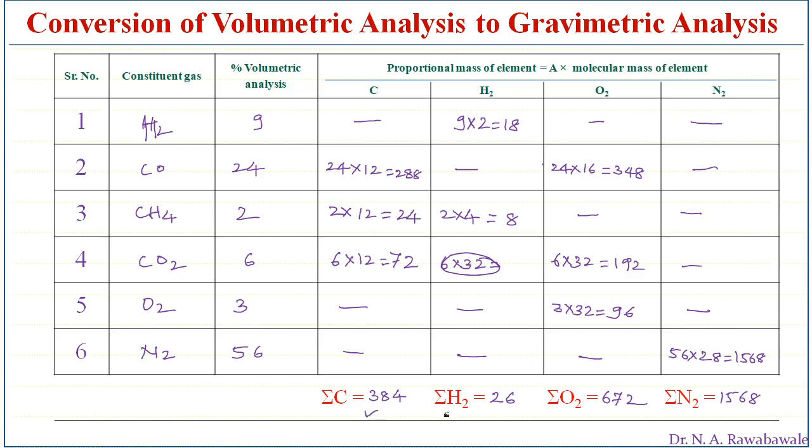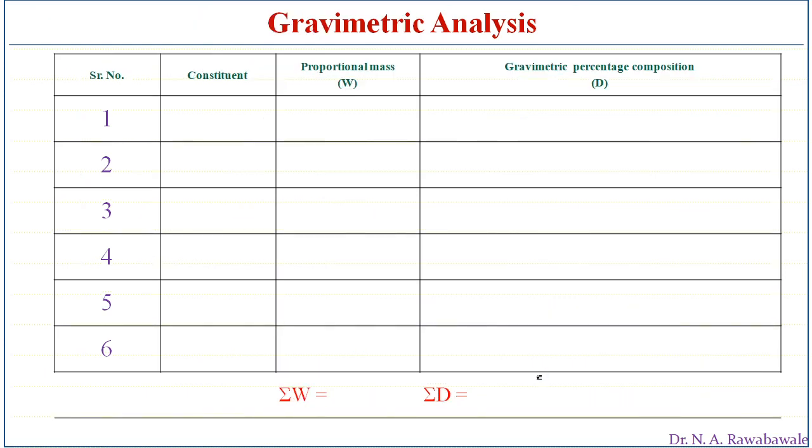So here the constituents by mass are known: carbon is 384, hydrogen 26, oxygen 672, and nitrogen 1568. This is to be obtained on a percentage basis.